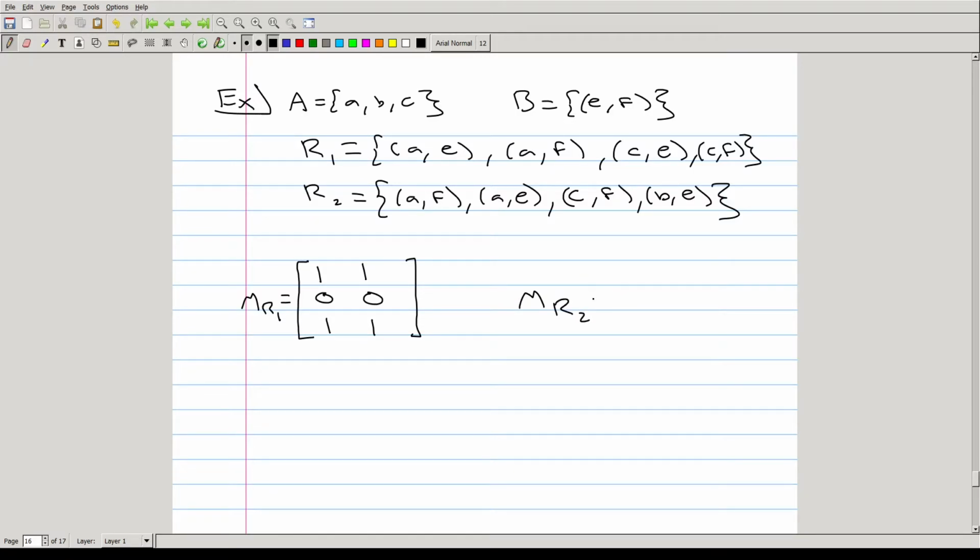The matrix representing R2 is going to be AF, AE, BE, and CF.